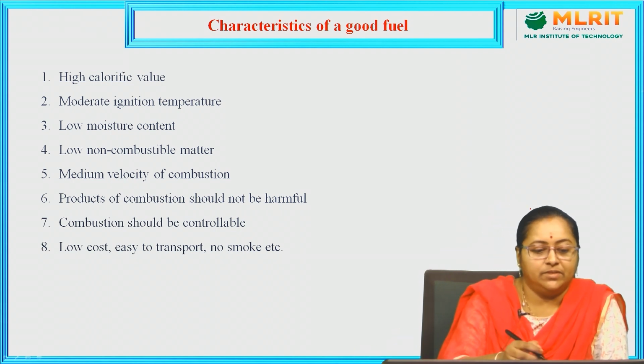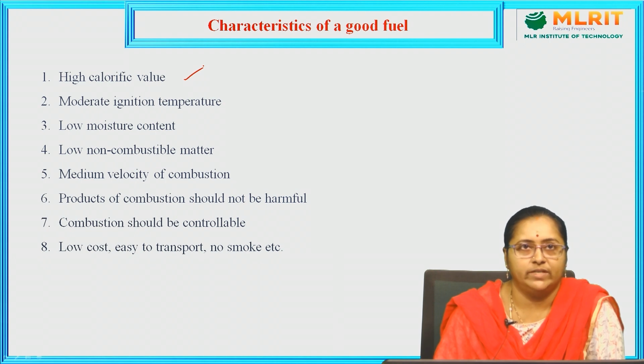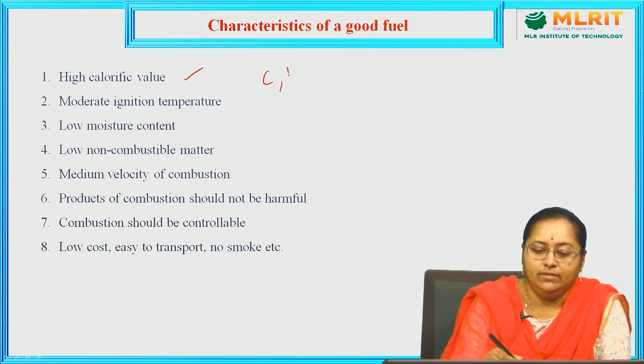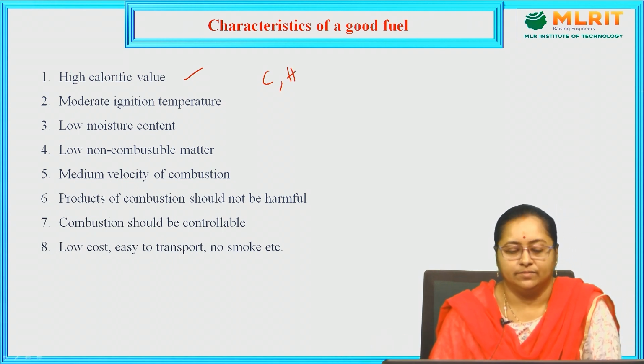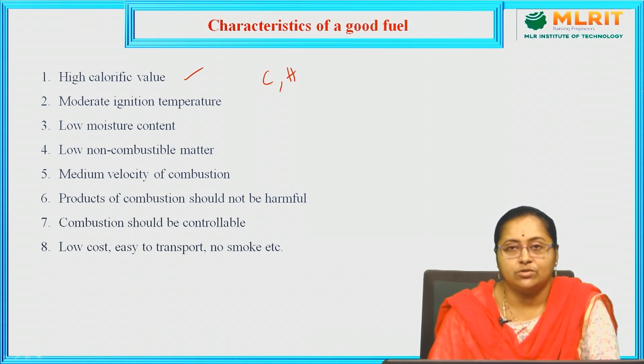Let us start with the first one: a good fuel should possess a very high calorific value. As I told you, fuel contains two major components, carbon and hydrogen. It should be highly carbonaceous in nature, and the second major component should be hydrogen.